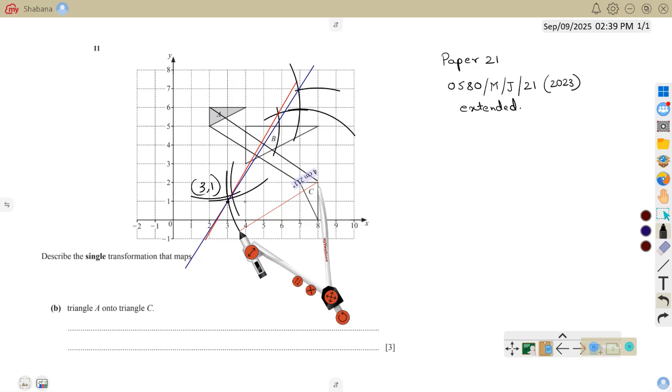So this will be the center of rotation, and the rotation is 90-degree clockwise.